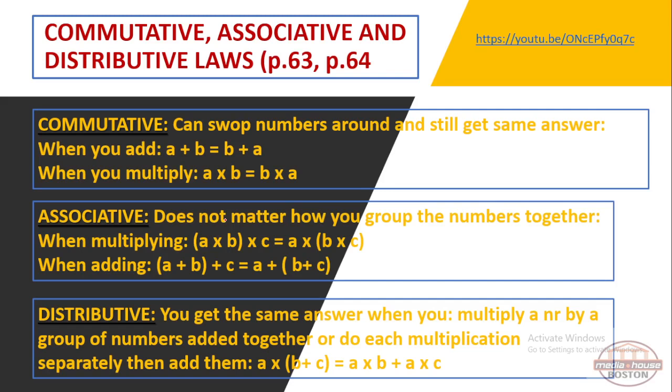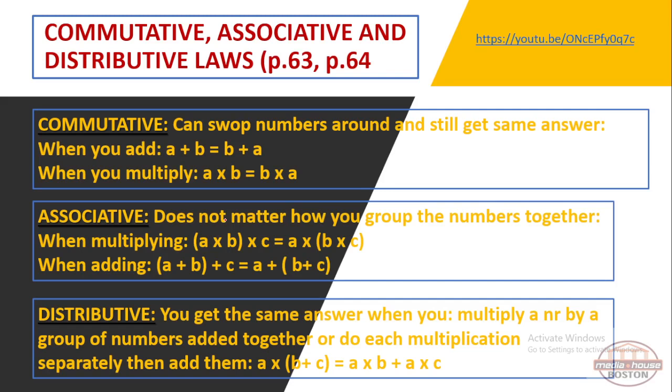And then again, we've got the associative law. The associative law says that it does not matter how you group the numbers together. If we are multiplying, you can regroup the numbers if all numbers are being multiplied together, meaning that you'll still get the same answer. I'll give you an example: if we say 4 times 3 times 2, your final answer will be 24.